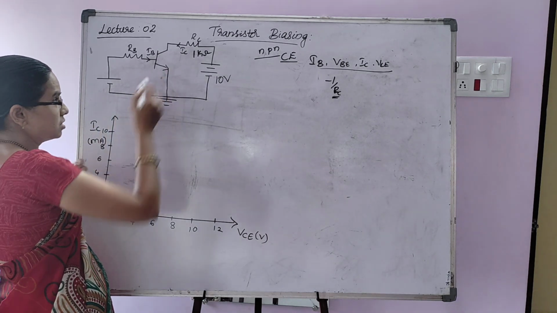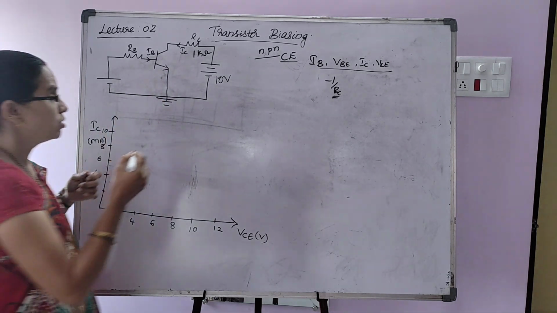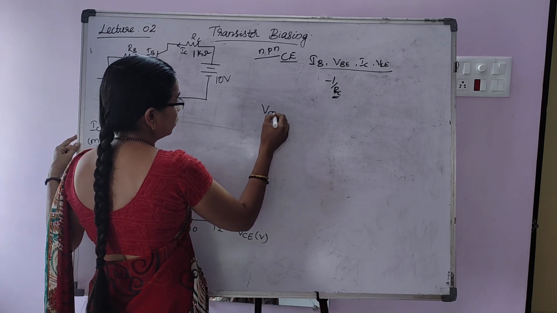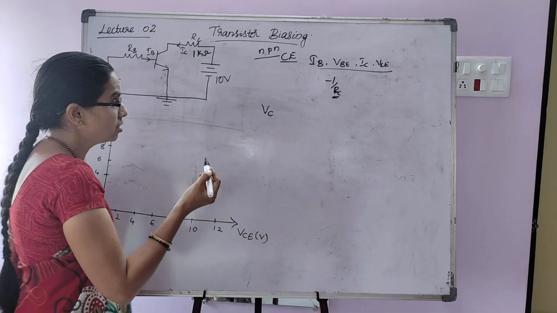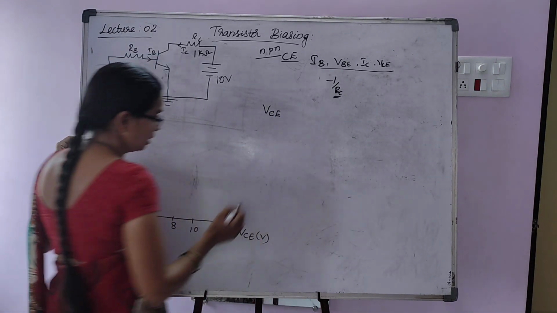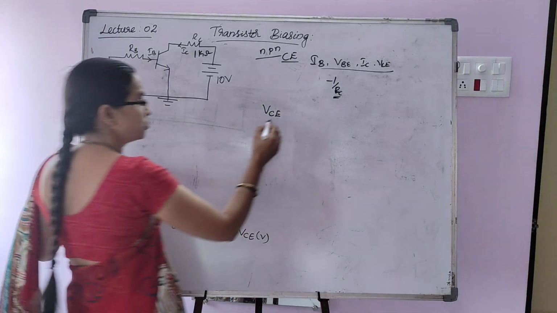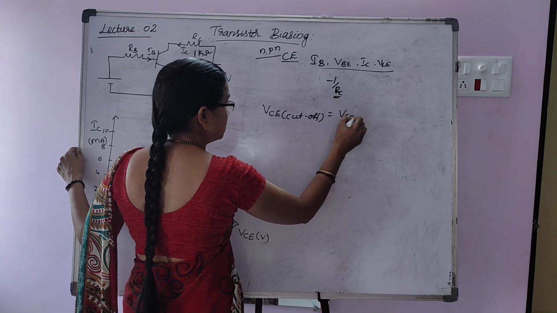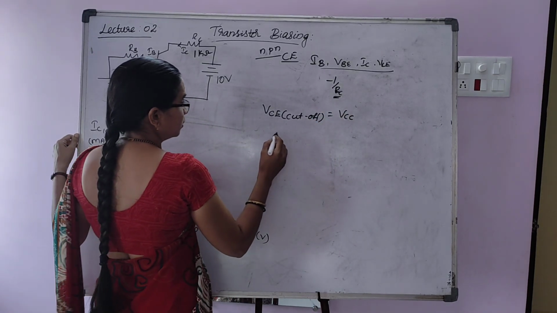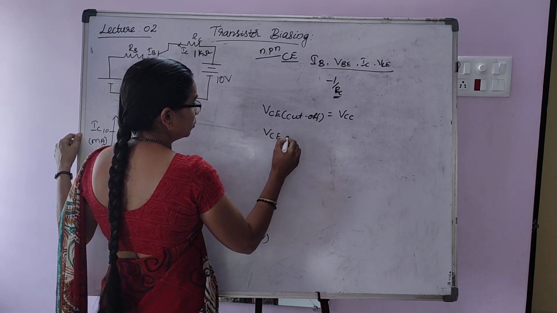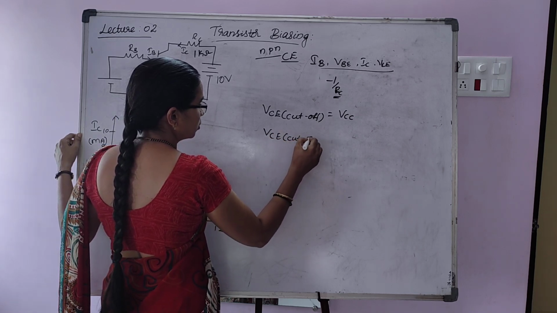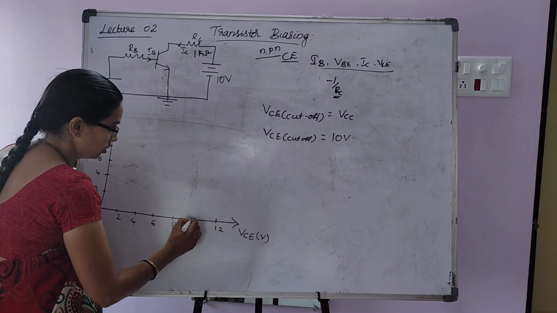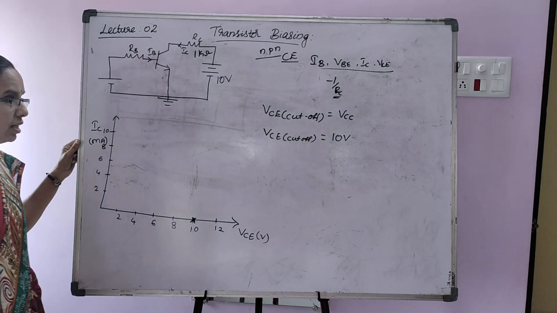In the first case, the RC value was 1 kilo ohm. We have already derived the expressions for the endpoints of the DC load line. VCE is on the x-axis, and VCE cutoff is equal to VCC, which is 10 volt. So 10 volt is one of the endpoints of the DC load line.